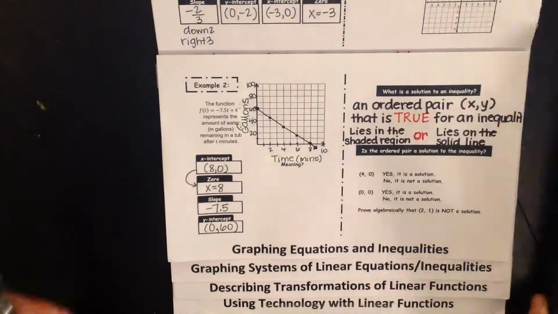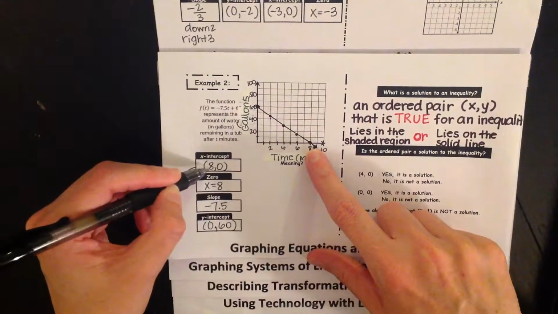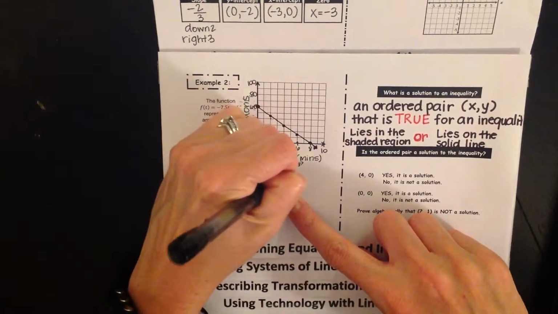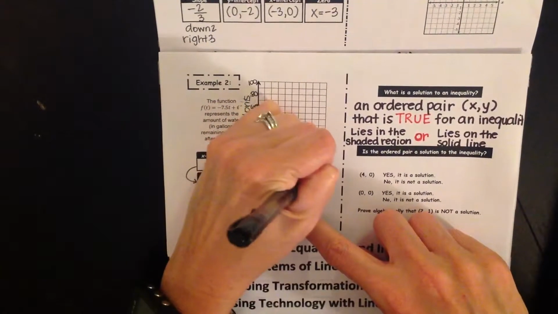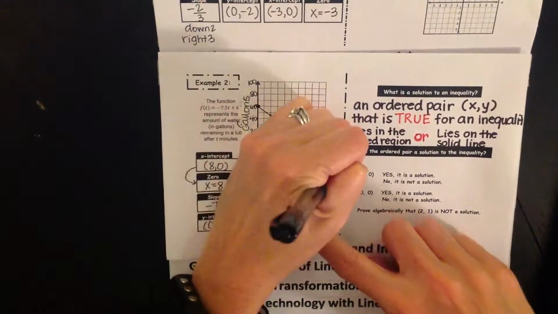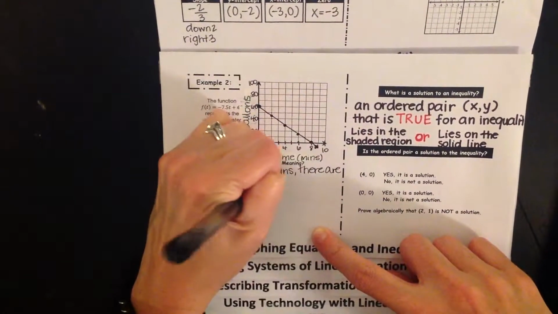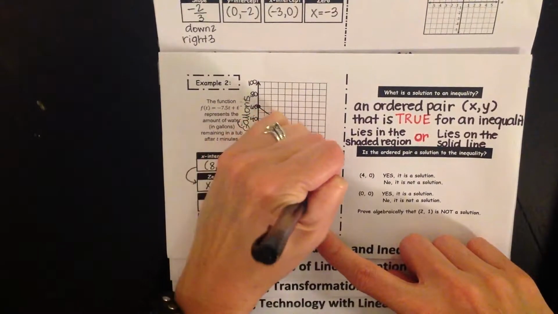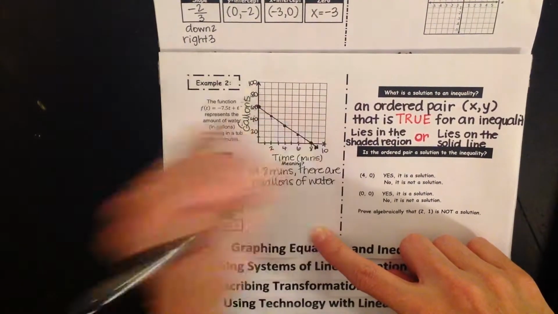So the meaning, well, at 8, 0, that means at 8 minutes, there are 0 gallons of water in the tub.